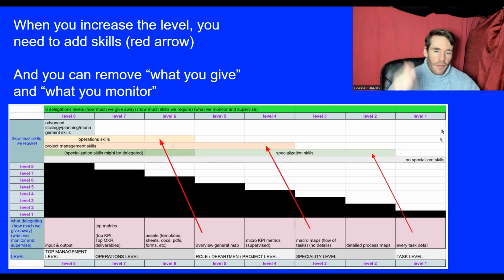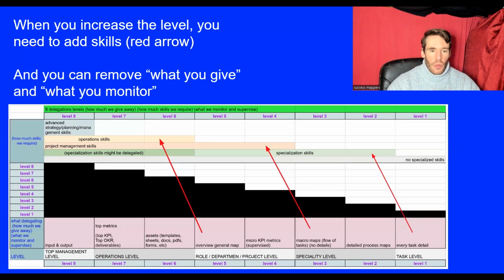For example, in level 1, we remove every task detail, which is a requirement in level 1. But if we want to delegate at level 2, we remove every task detail and we add a skill that is specialization skill. So if you remove the task detail, you need to add specialization skills.